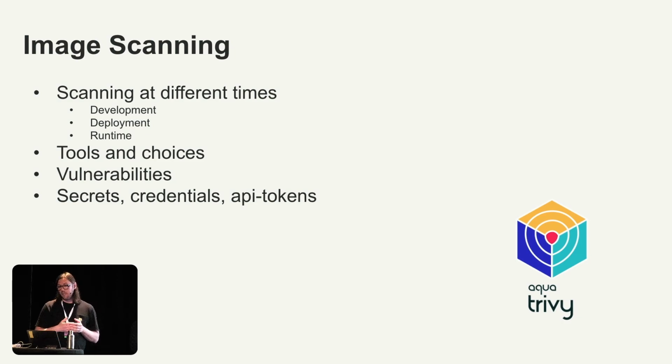Trivy detects vulnerabilities of operating system and language-specific packages, as well as having the ability of scanning for hard-coded secrets like passwords, API keys, and tokens in an image. Trivy has a database of vulnerabilities which include remediation recommendations, and that's periodically updated.